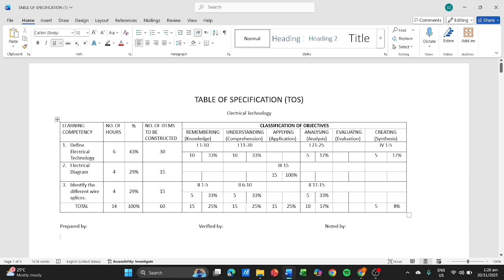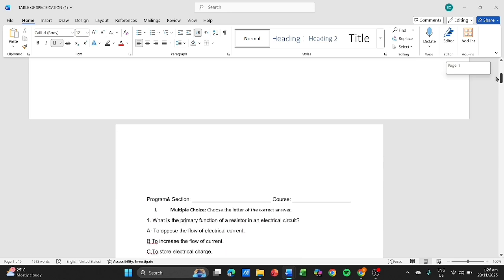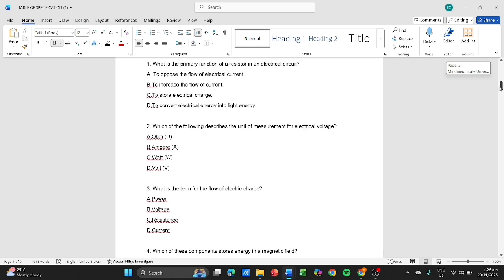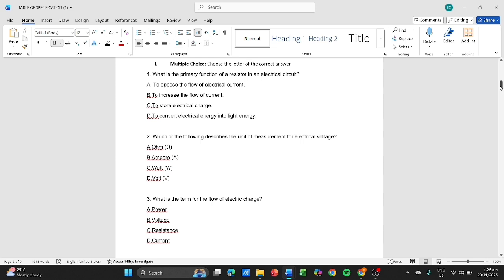So here, with this, you can create your test questionnaire. I'm going to give you an example. So here is this one. We're going to ask this question: what is the primary function of a resistor in an electrical circuit? This question is somewhat remembering, because it's like defining the function of a resistor in an electrical circuit.